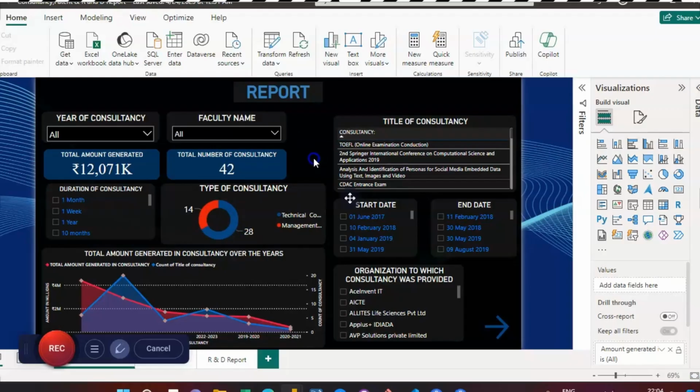Then the business analyst and the data analyst can look at these plots and charts and make important decisions so that they can help the company expand their business. And this is one of the major reasons why these BI tools are gaining a lot of popularity.